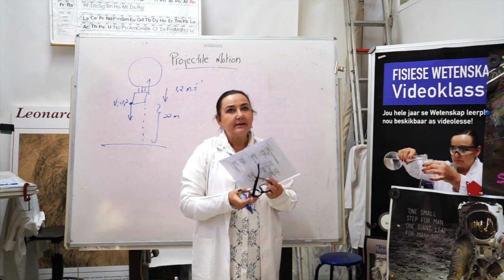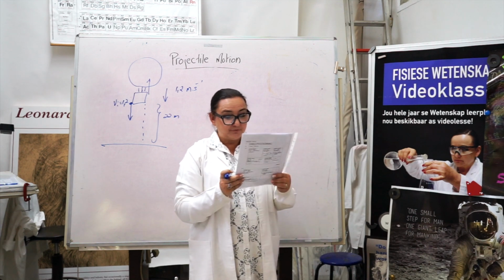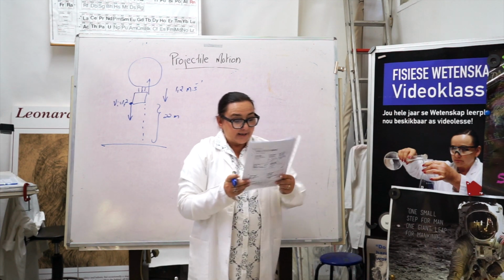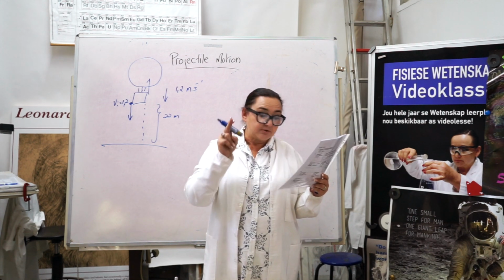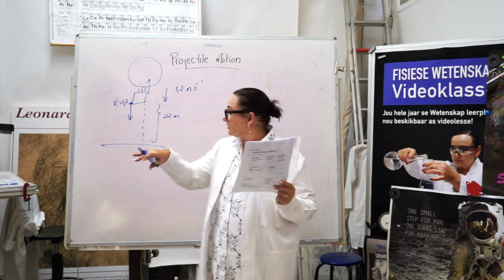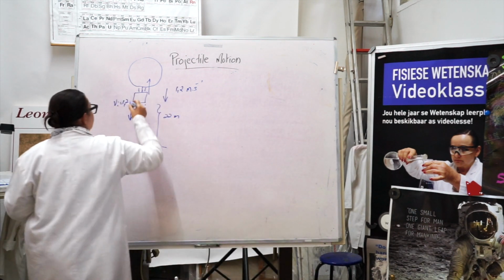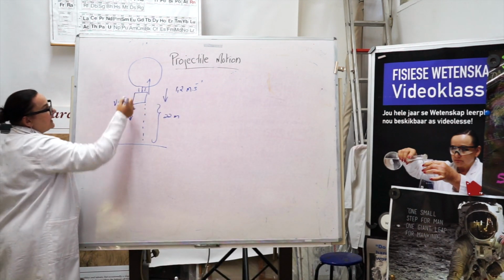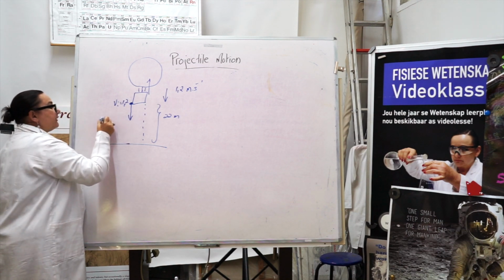Great. So let's start with the problems. The first one they asked is to calculate the time that it takes the ball to reach the ground. Alright, so we've got initial velocity as 1.2. They're going to ask me the time, so I have to work out delta t.